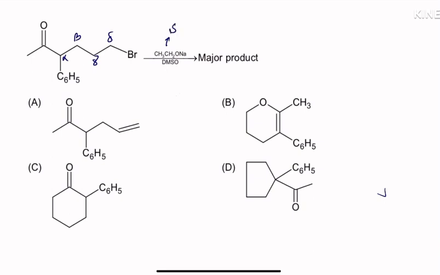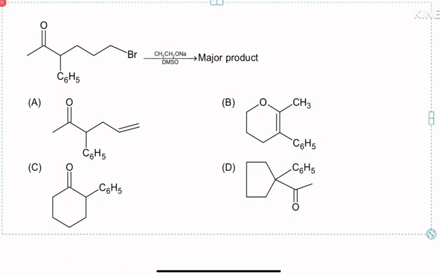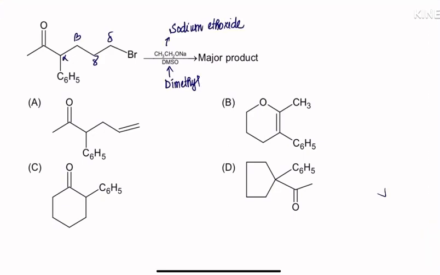and this is basically DMSO. DMSO is dimethyl sulfoxide, which is S double bond O with two CH3 groups.